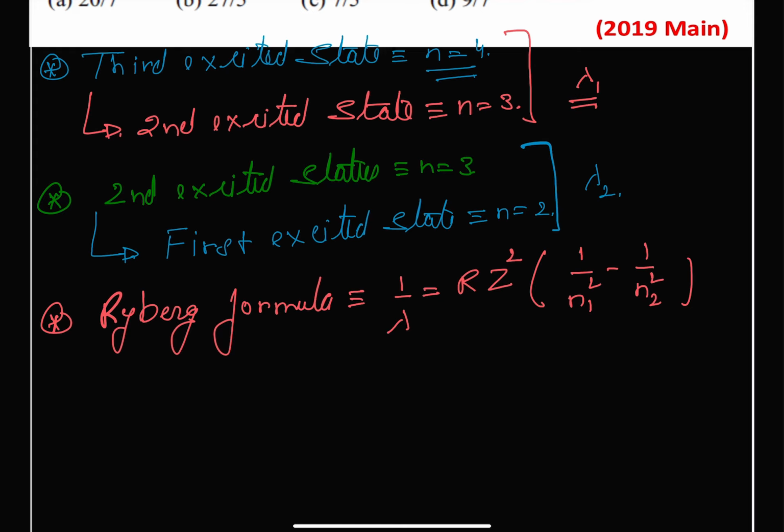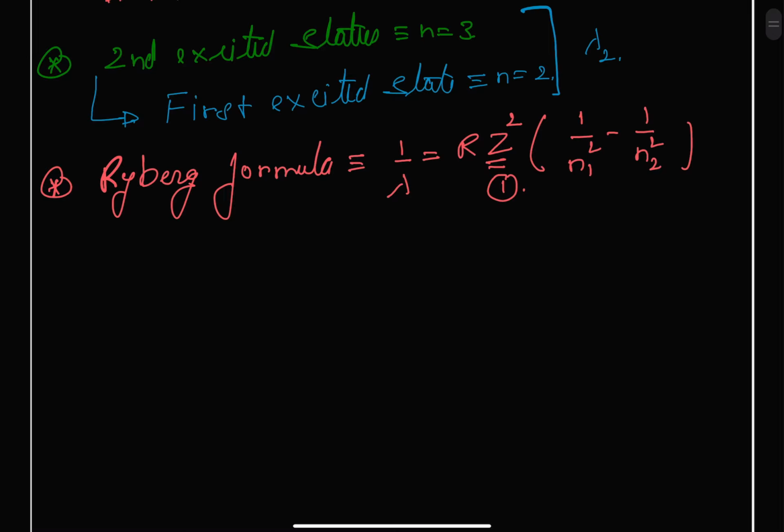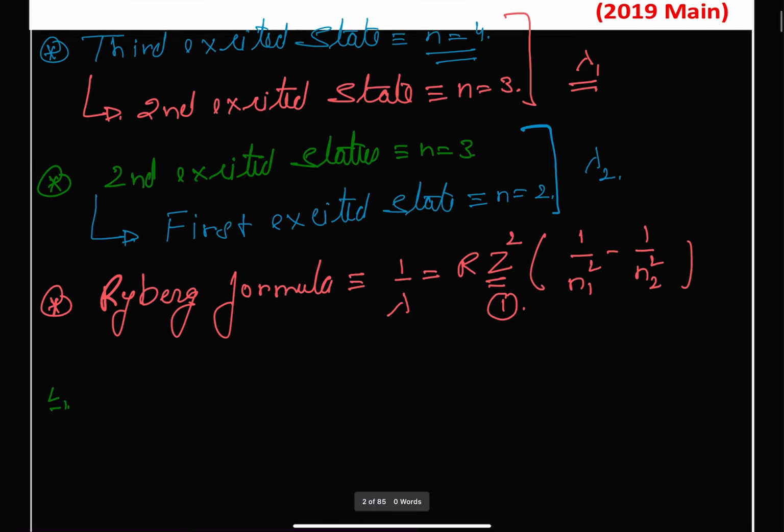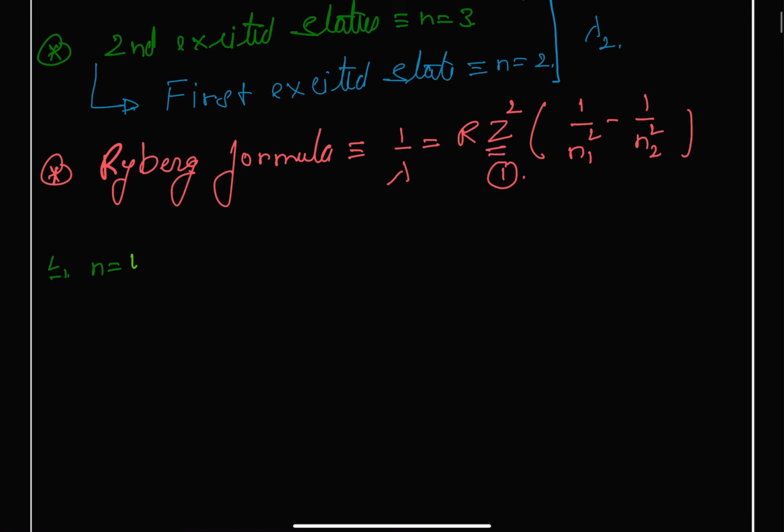And for hydrogen-like atom, this value of Z is equal to 1, and we have λ1, so we can say for transition from n is equal to 4 to n is equal to 3, wavelength is given as λ1, therefore we can write it as 1 upon λ1 is equal to R (1 upon 3 square minus 1 upon 4 square), and this gives us 7 by 144 times R.